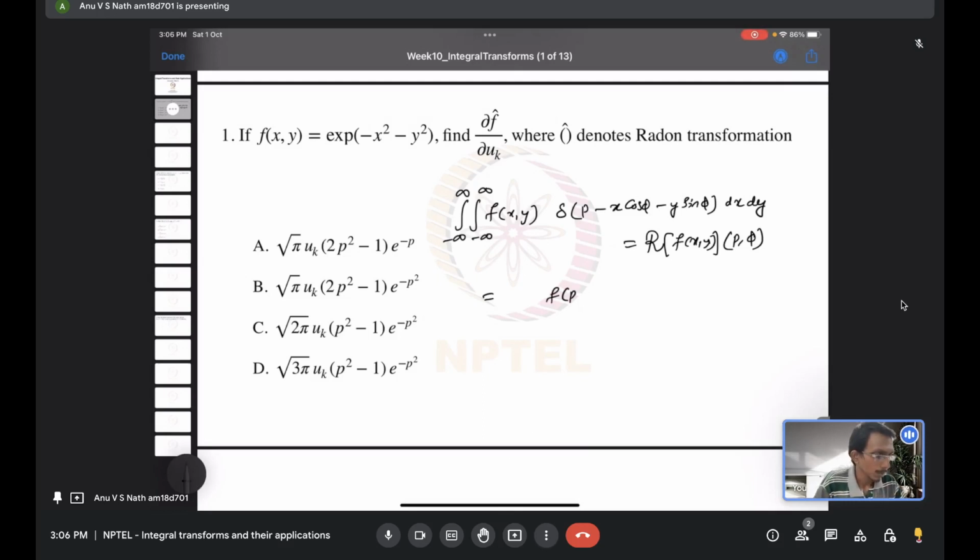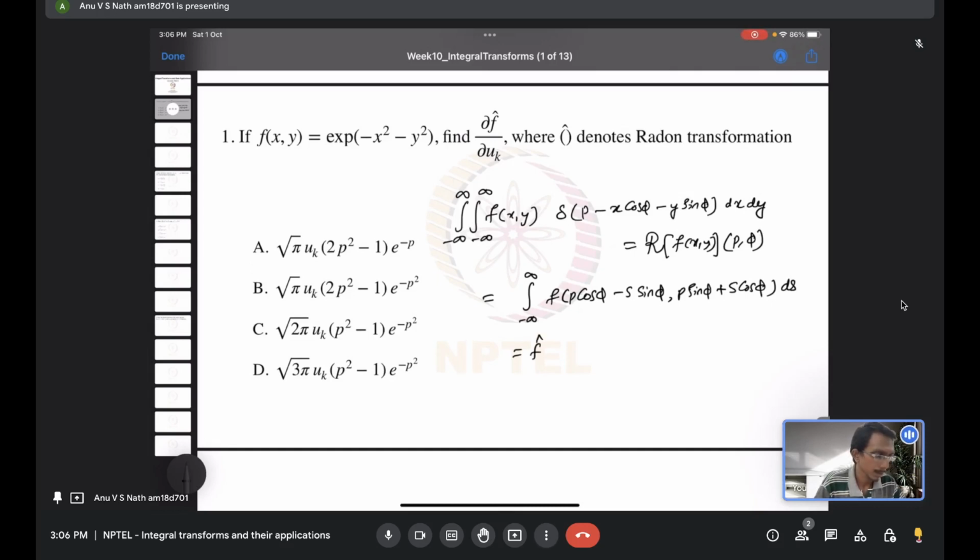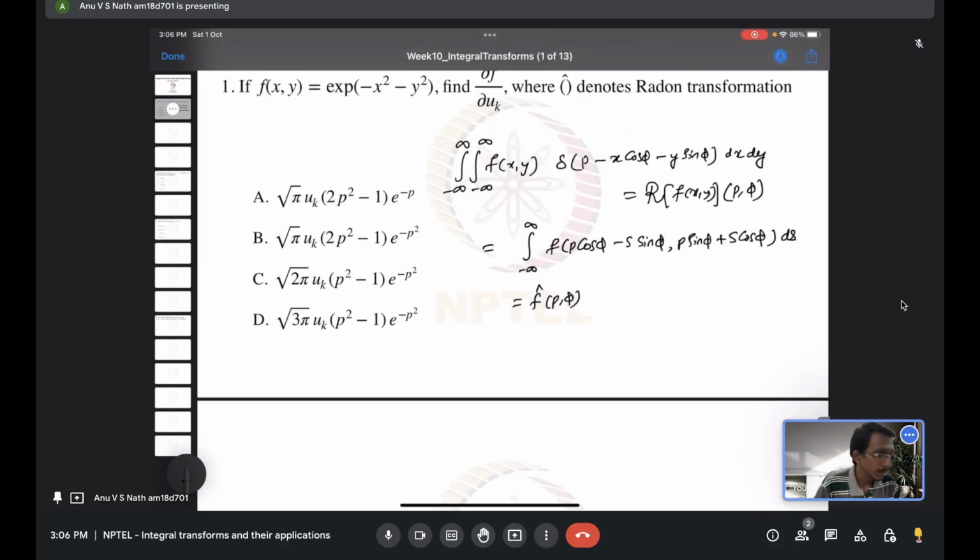The same function f of p cos phi minus s sin phi comma p sin phi plus s cos phi into ds, integral from minus infinity to plus infinity. This is what we represent using f cap of p comma phi, where the direction cosines u1 is cos phi and u2 is sin phi.